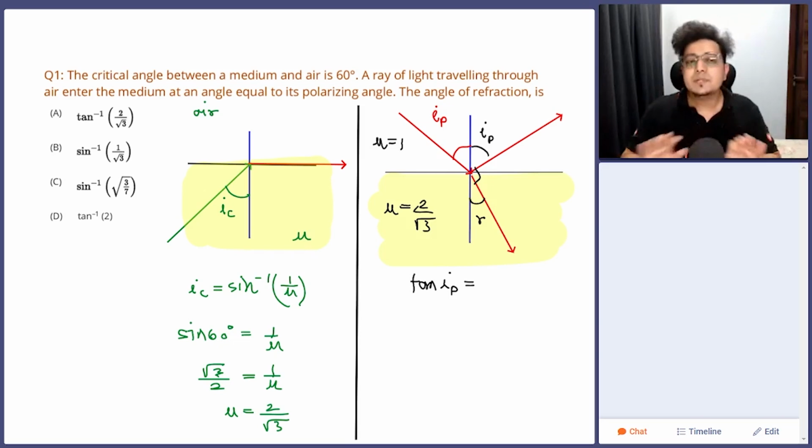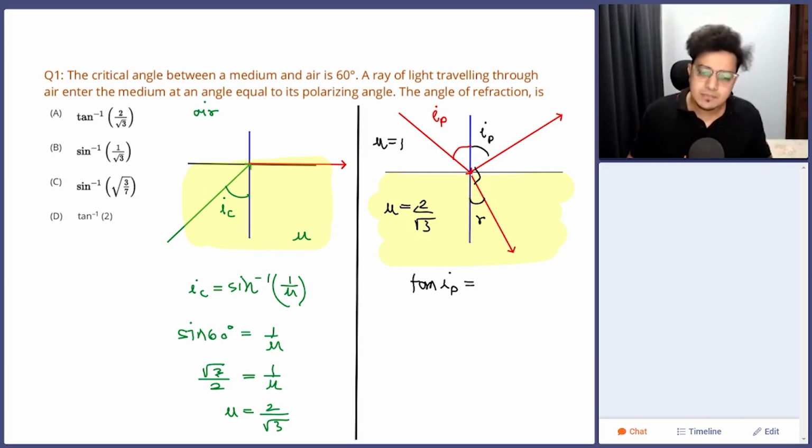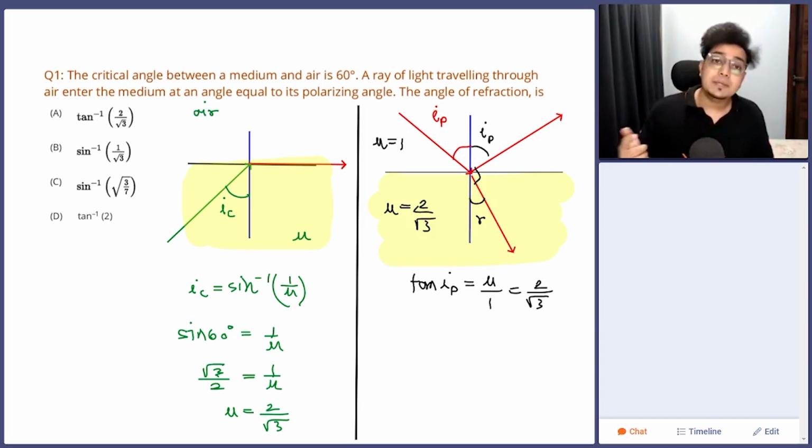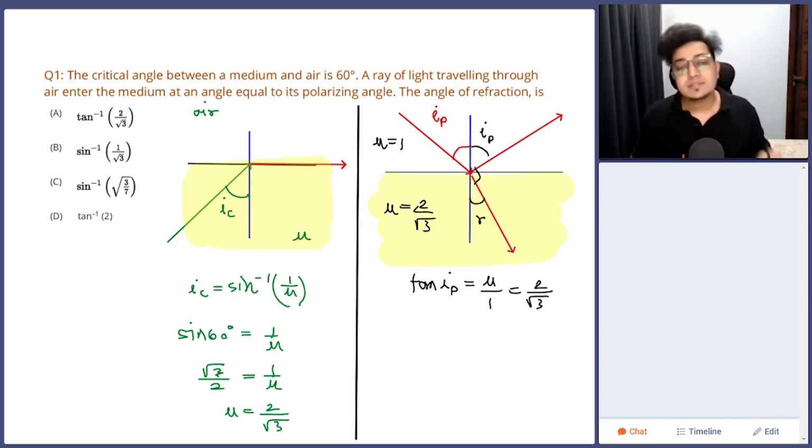This is the tan formula from Brewster's law. So the rarer medium is air, so 1, and the mu value is available, which is 2 by root 3. Okay, so from this we can get IP, that is the polarizing angle.